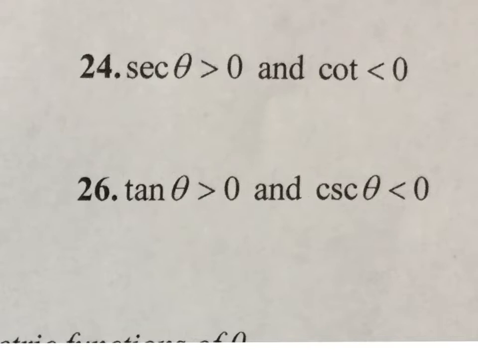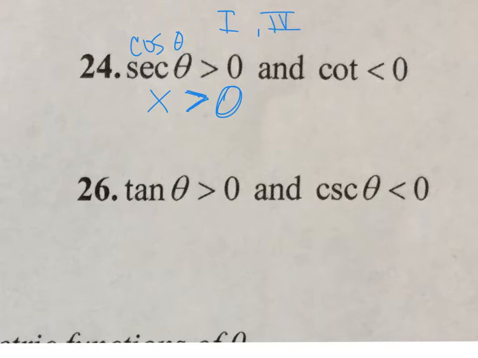So moving to 24, the secant. The secant is the reciprocal of the cosine, which means we're talking about the x values. So far we have x being positive, and that happens in quadrant 1 and in quadrant 4.